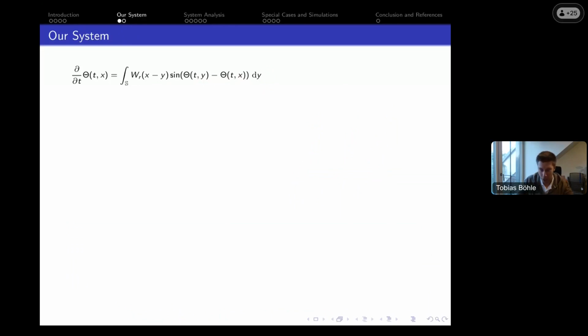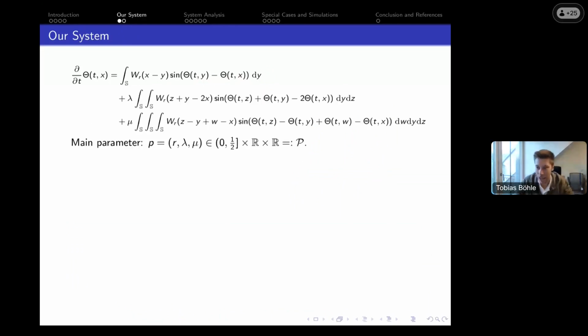And we added some generalization of higher order interactions that are given by this formula here. So here we also have an interaction of 3 oscillators, z, y, and x, a triplet of oscillators that interact with each other. And then lambda is just a new parameter that is the strength of the triplet interactions.